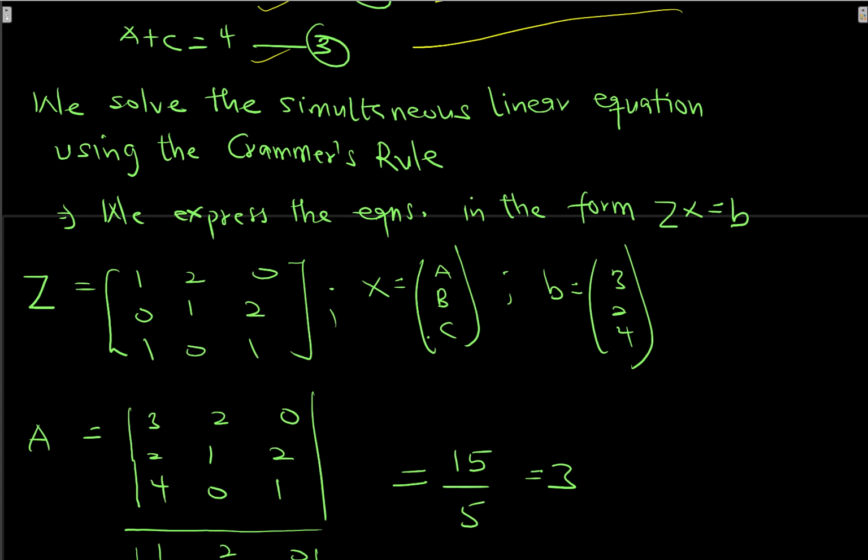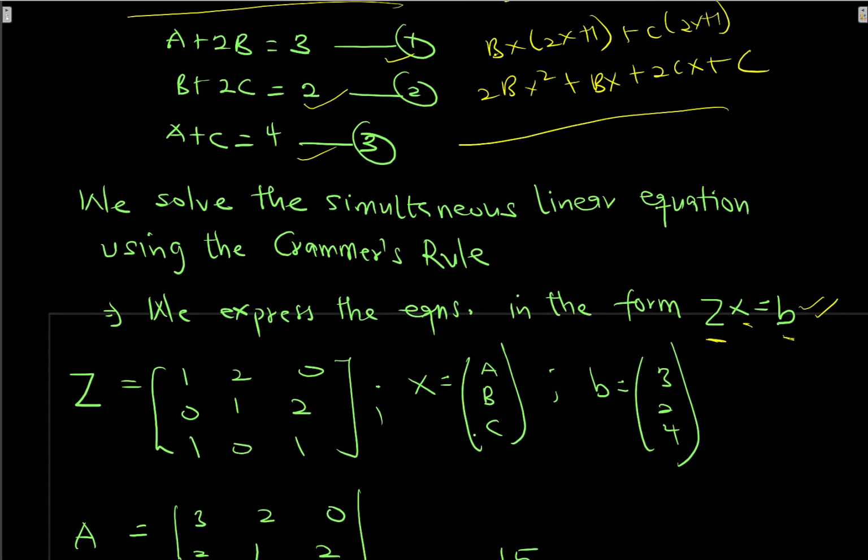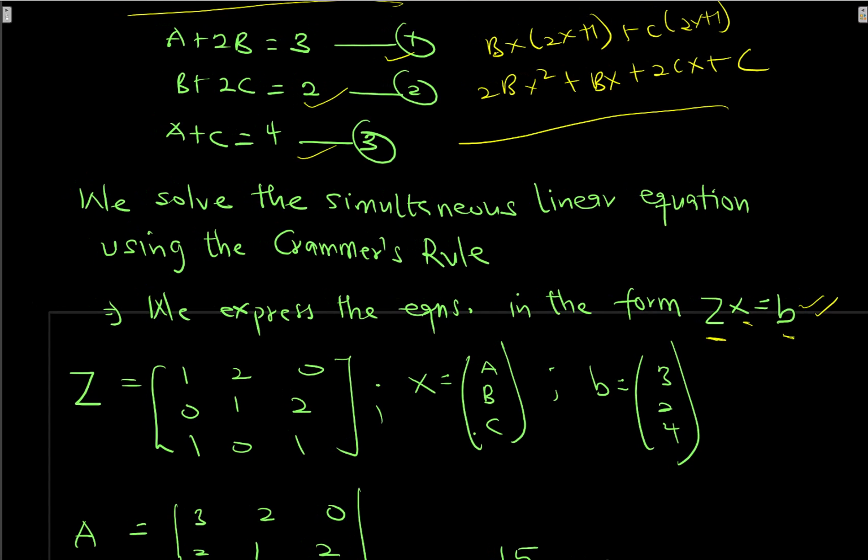For Cramer's rule, you express the simultaneous equations in this form, where A is our coefficient matrix, x is the unknown, and b is the right hand side. When you consider equation 1, we have 3 variables and 3 equations, so we are going to obtain a 3 by 3 coefficient matrix.